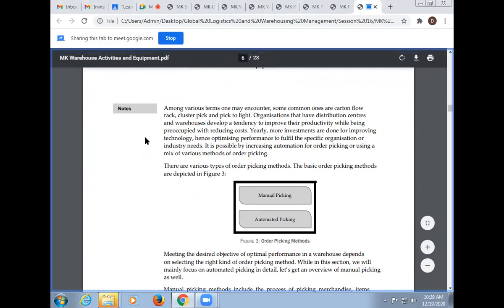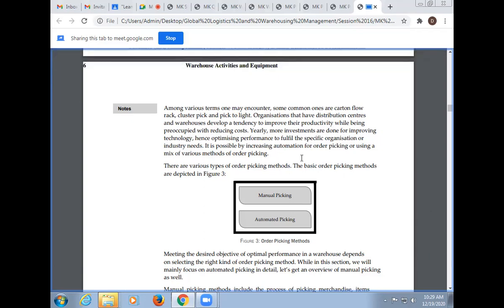Organizations that have distribution centers and warehouses develop a tendency to improve their productivity while being preoccupied with reducing cost. Yearly, more investment is made in improving the technology, hence optimizing performance to fulfill the specific organization or industry needs. It is possible by increasing the automation for order picking or using a mix of various methods of order picking.